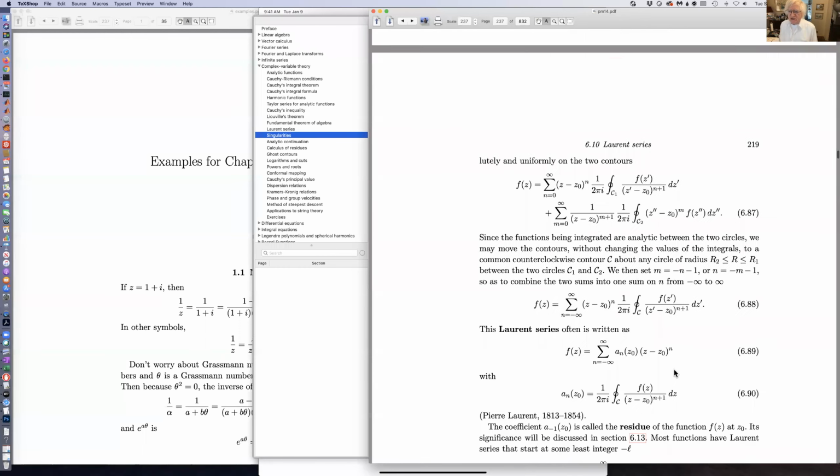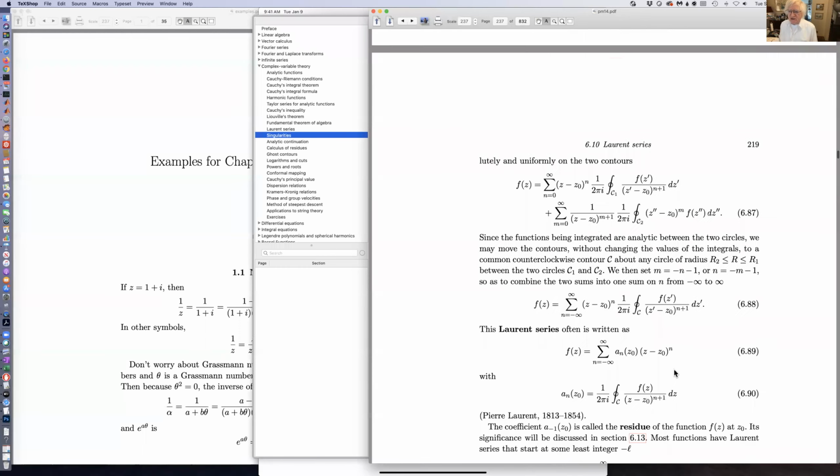So then you add a contour that is z equal to big R e to the i theta, theta going from 0 to pi, and so you get this green ghost contour.